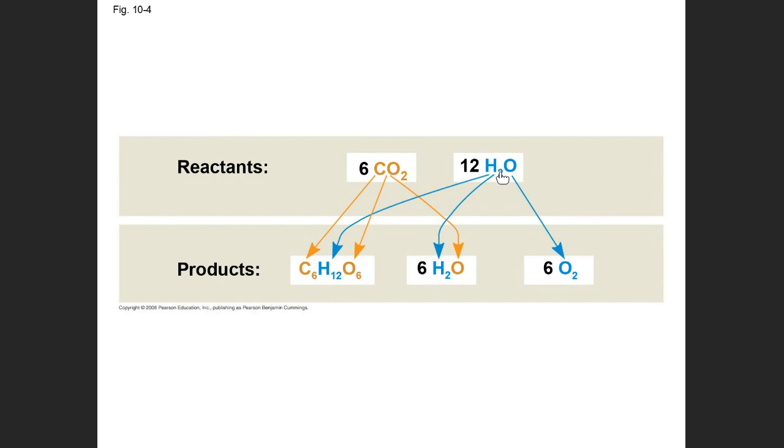Some of the other hydrogens are used to make some water, and then the oxygen is released. So if we were looking at the simplified equation, these waters disappear down here, and we just have 6 waters here. So you don't have to memorize this. It's just showing you that the different atoms of the reactants are used to make the products. So you can find those reactant atoms in the products.